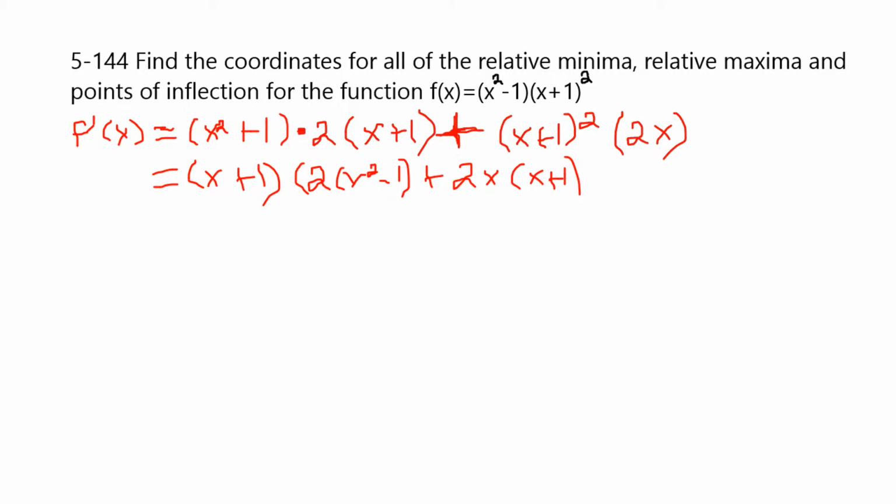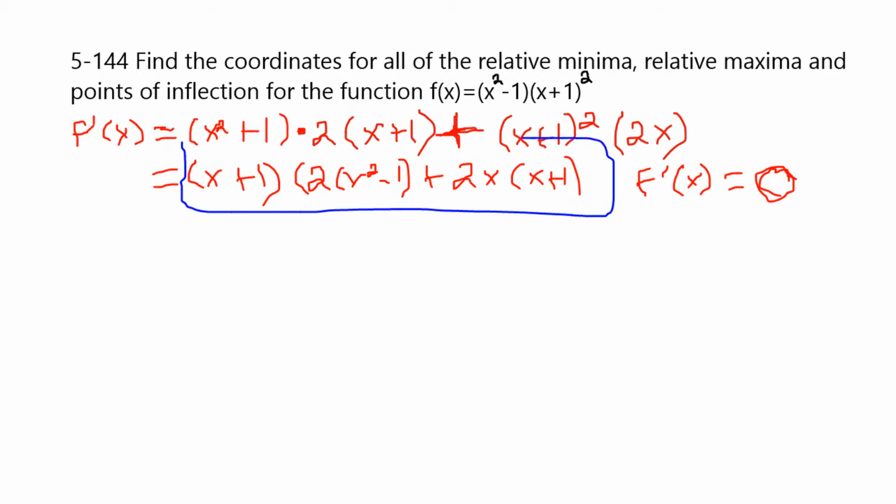We also know that to do the first derivative test, we have to know that f prime of x is also equal to 0. So then we set this equation equal to 0.